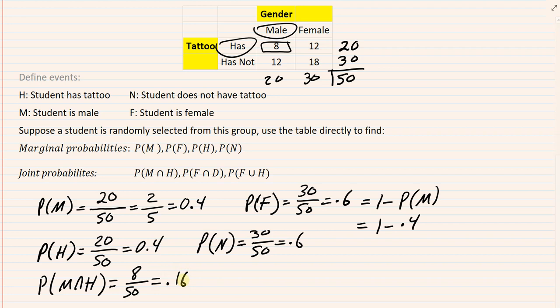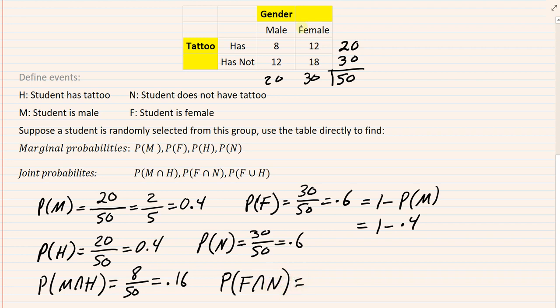Okay. The other joint probability is going to be probability of female, and again, I'm not using, I don't know why I have T here. Alright, I fixed that flaw. So next we want to find the probability that the selected student is female and does not have a tattoo.